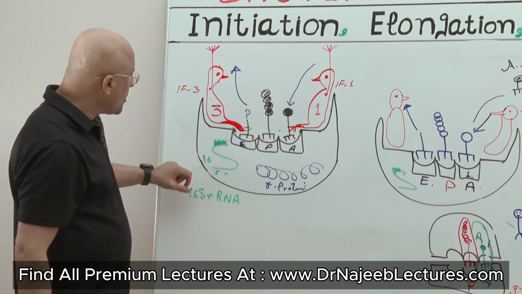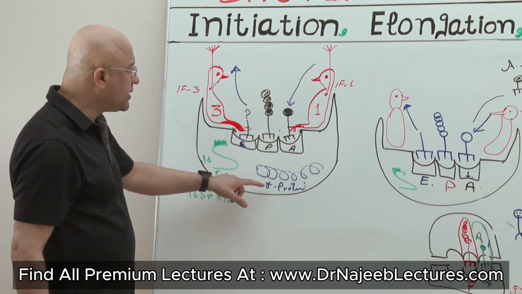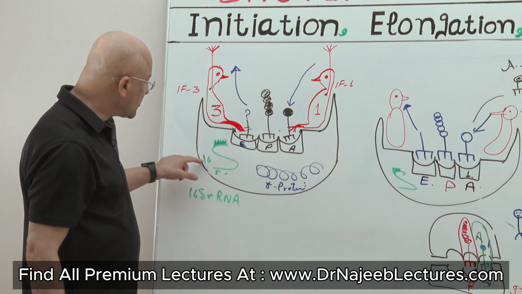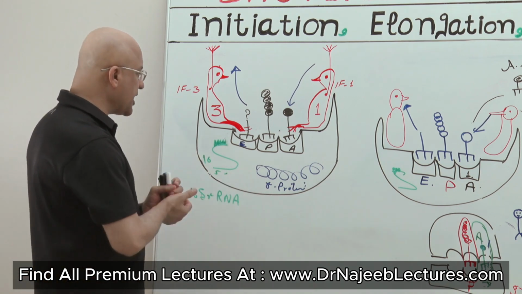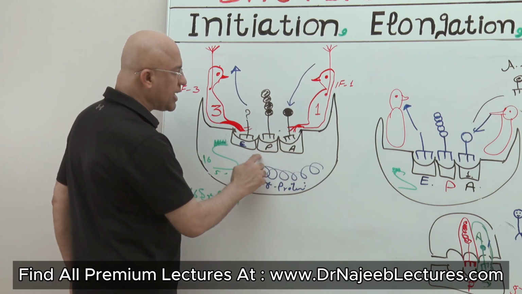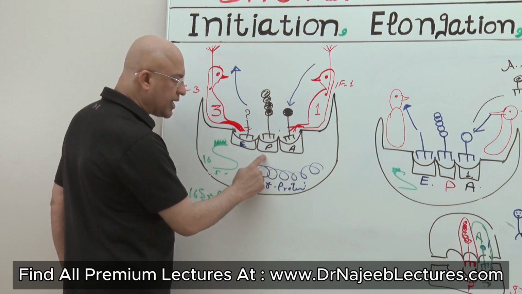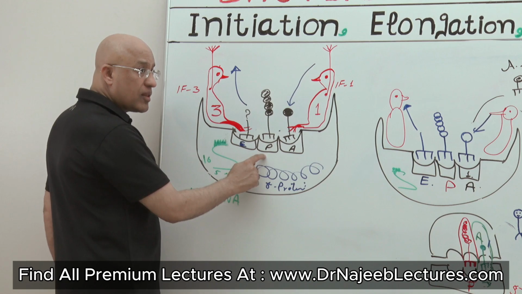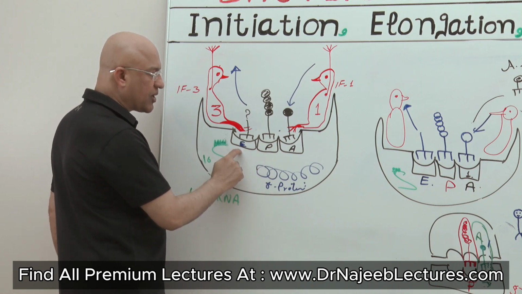Number 2, it consists of 16S ribosomal RNA and about 20 proteins. Functional domains: it has 3 transfer RNA binding sites, the A site to bind amino acyl transfer RNA, the P site having peptidyl transfer RNA, and the E site for deacylated or empty transfer RNA.